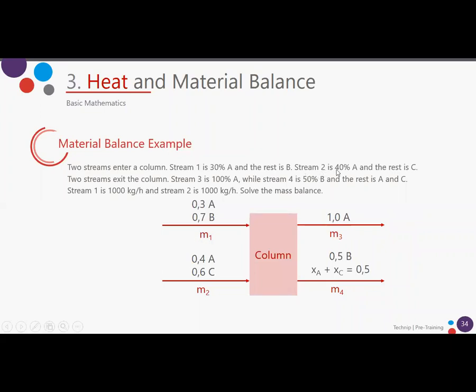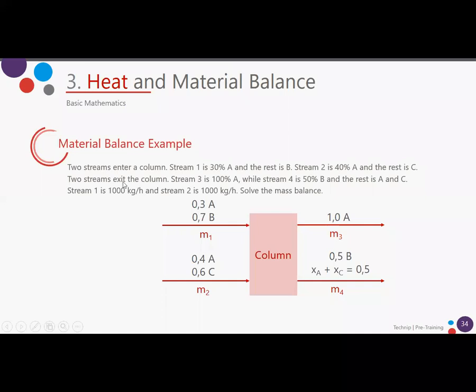Stream 2 is 40% A and the rest is C. So we can say 0.4 mass fraction for A and 0.6 for C. And the mass of our stream 2 is M2.